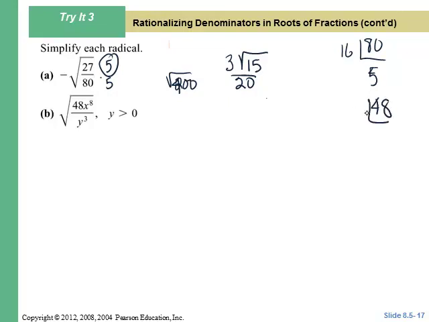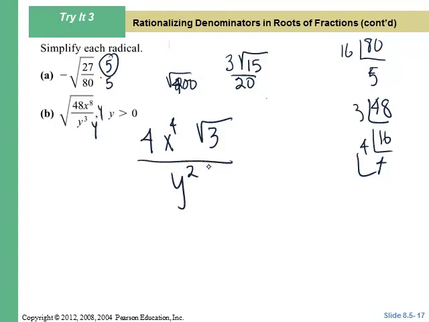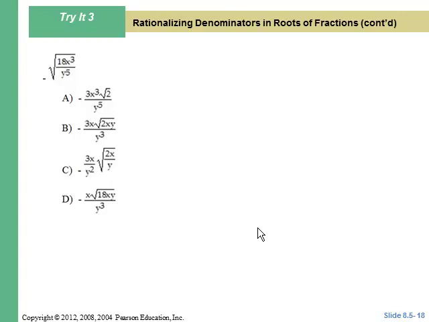48 divided by 3 is 16. So you get a pair of 4s on the outside on the top, a square root of 3 on the inside, x to the fourth on the top, and then if you multiply top and bottom by y, you'll get a y squared on the bottom, and then you'll still have a y on the inside on the top. Multiply top and bottom by y.